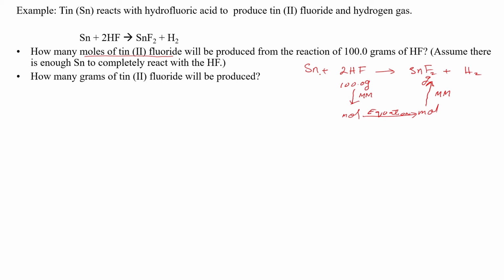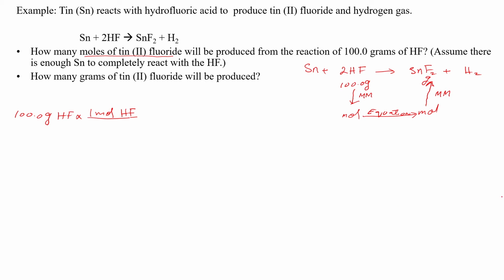So let's solve this problem. We will simply follow this workflow that we have created here. Our first step is we have 100 grams given for hydrogen fluoride, and we have to convert it to moles of hydrogen fluoride. The molar mass conversion factor is 1 mole of hydrogen fluoride equals... you need to find the molar mass of hydrogen fluoride.